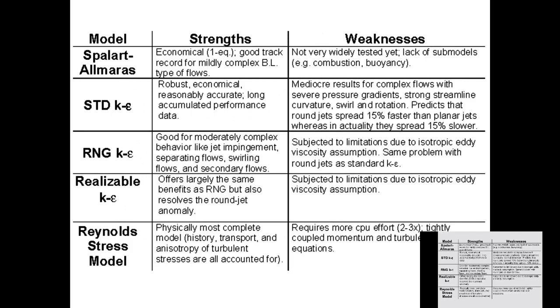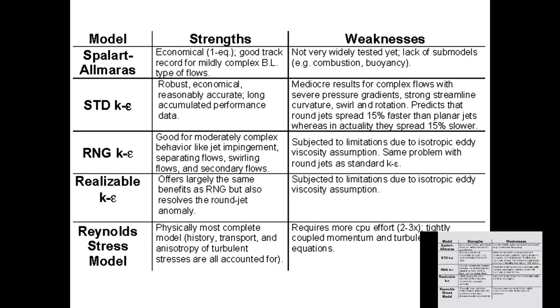So a summary of the models: standard K epsilon, RNG K epsilon, realizable K epsilon, and Reynolds stress models. In essence, all K epsilon models are fairly robust, meaning you can easily use them and get a converged solution.